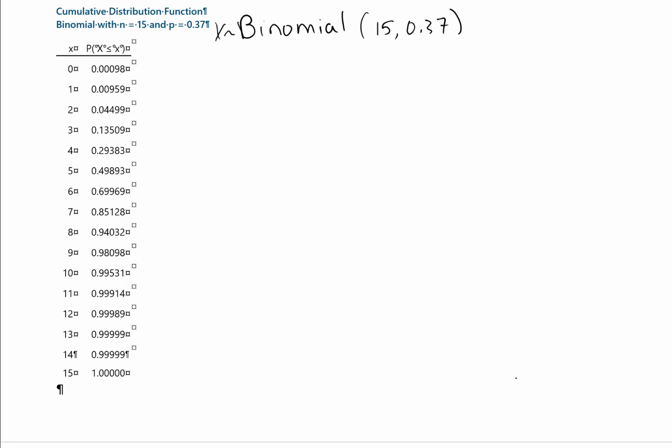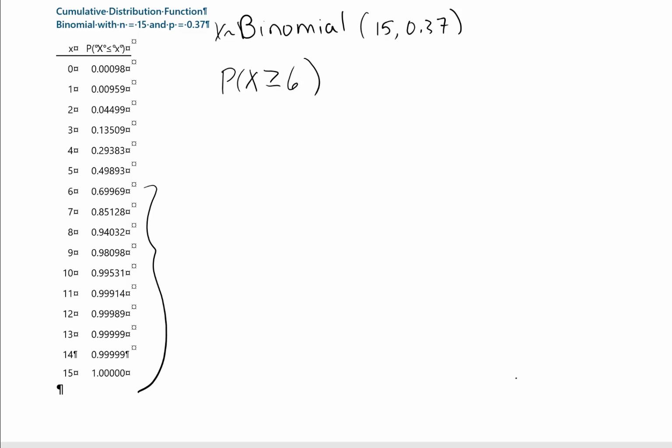So now let's take a look at the probability that x is greater than or equal to a number. So let's say the probability x is greater than or equal to 6. I can't add all these numbers up together because these are cumulatives. This number has the probability of 6, 5, 4, 3, 2, 1, and 0 in there. So to find the probability that x is greater than or equal to 6, I need to take all the probabilities, 15, 14, 13, all the way down to 0, which would be 1, this number right there, and subtract off all the probabilities less than or equal to 5, this number right here.